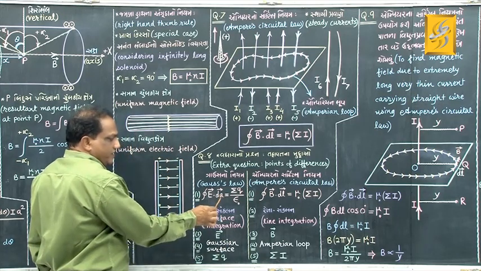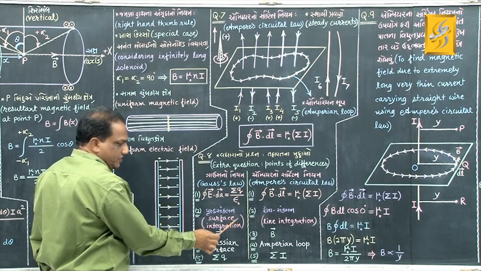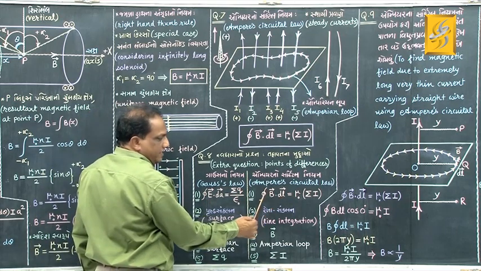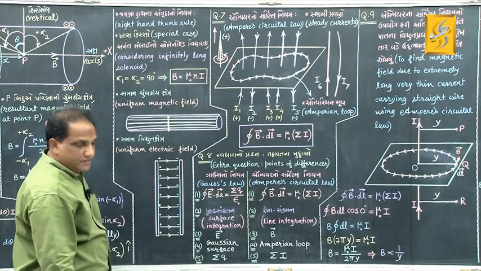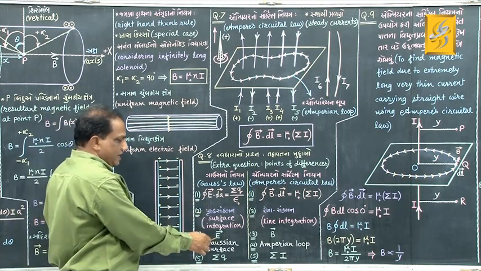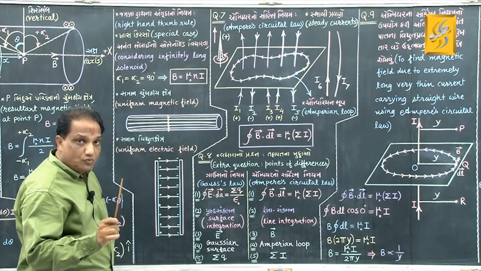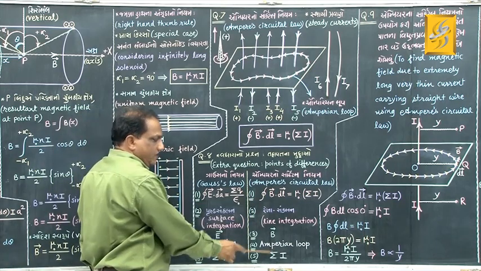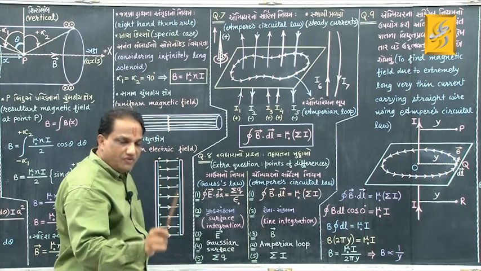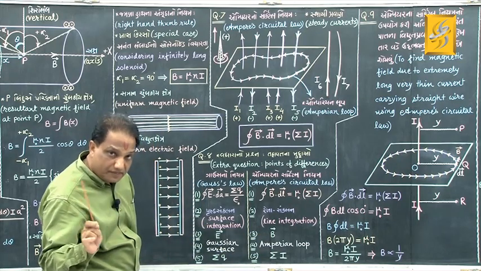Here there is a surface integration of electric field. Here there is a line integration of magnetic field. Correct? Third point of difference: here we can find out electric field produced due to uniform charge distribution. Using this law we can find out magnetic field due to uniform current distribution. Correct?